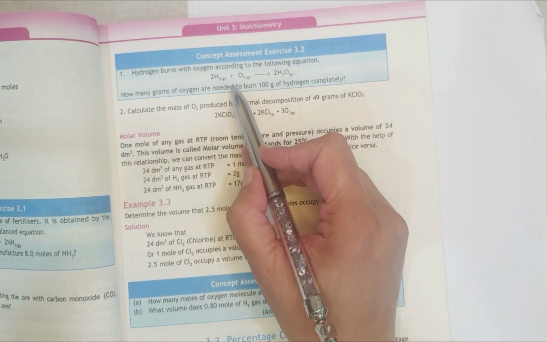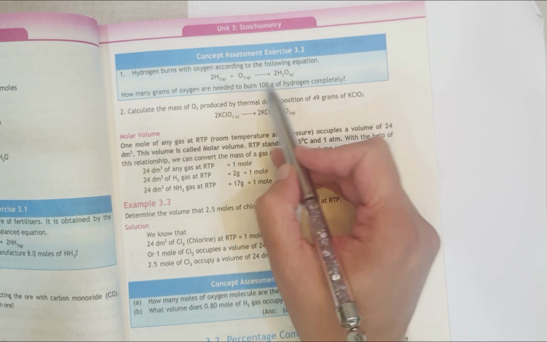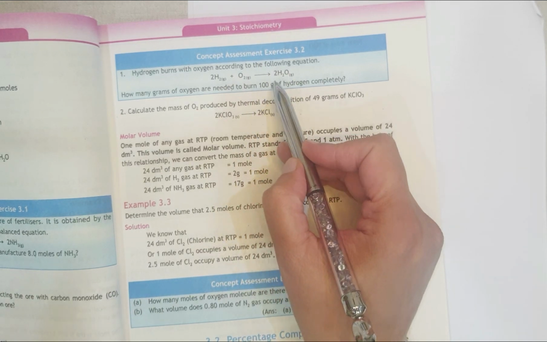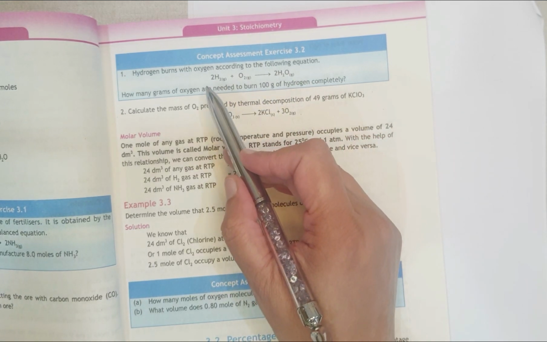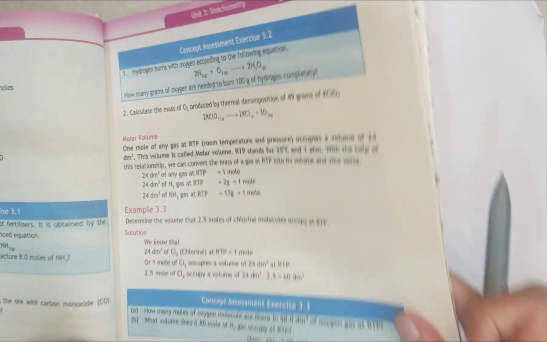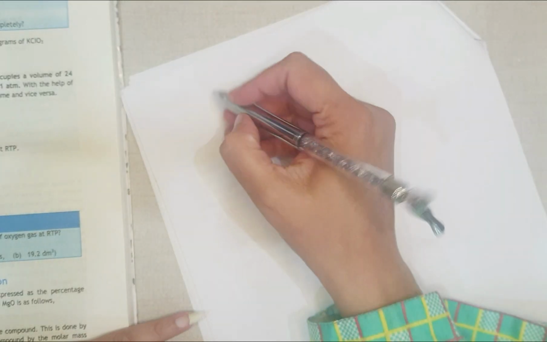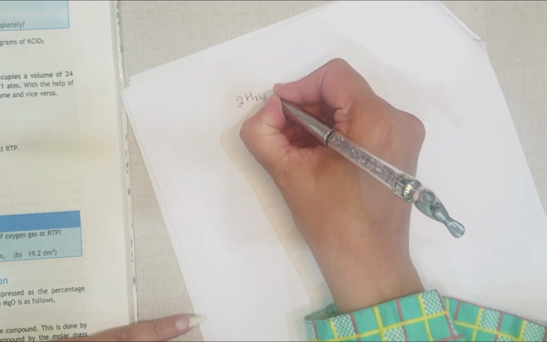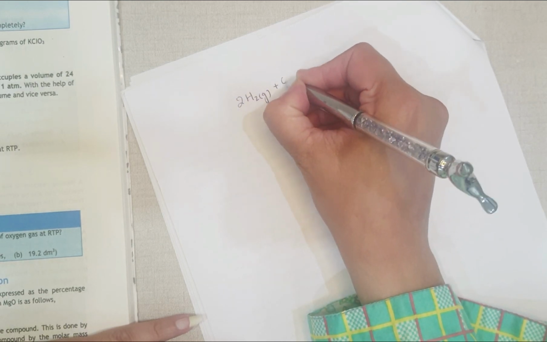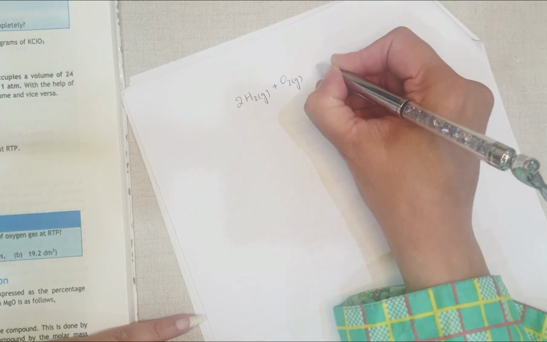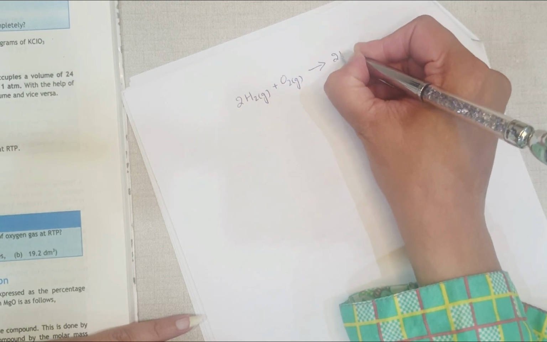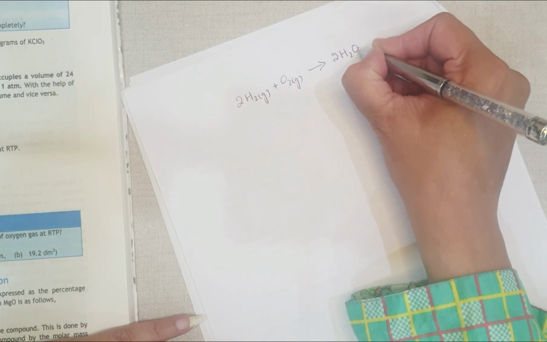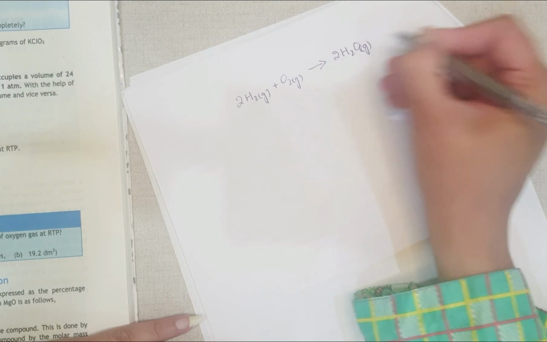So first of all, we will have to convert the mass of hydrogen that is given to us into the number of moles. So let's start this question by writing down the balanced chemical equation given to us. That is, hydrogen reacts with oxygen gas to give 2 moles of water molecule.